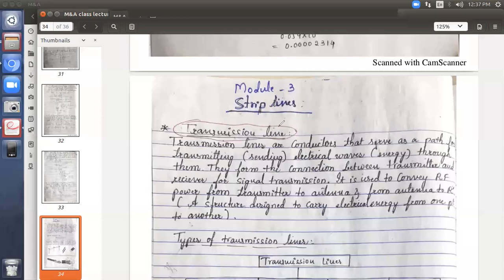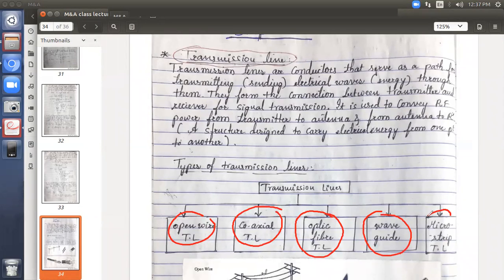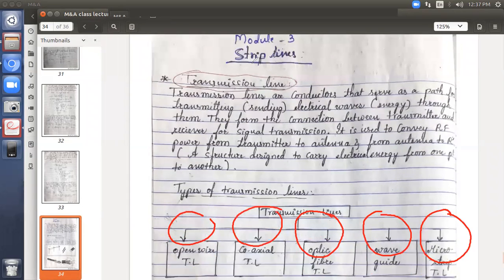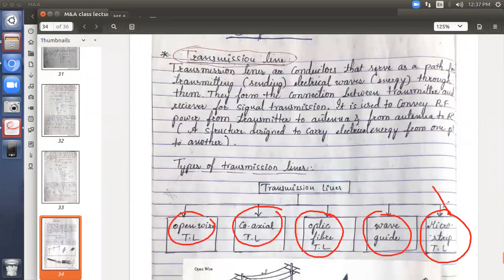Transmission lines are broadly classified into these categories. You can see open wire transmission line, coaxial transmission line, optical fiber, then waveguide, which is also a type of transmission line, and finally microstrip line, the heading which you are going to learn. Strip lines fall under this category.